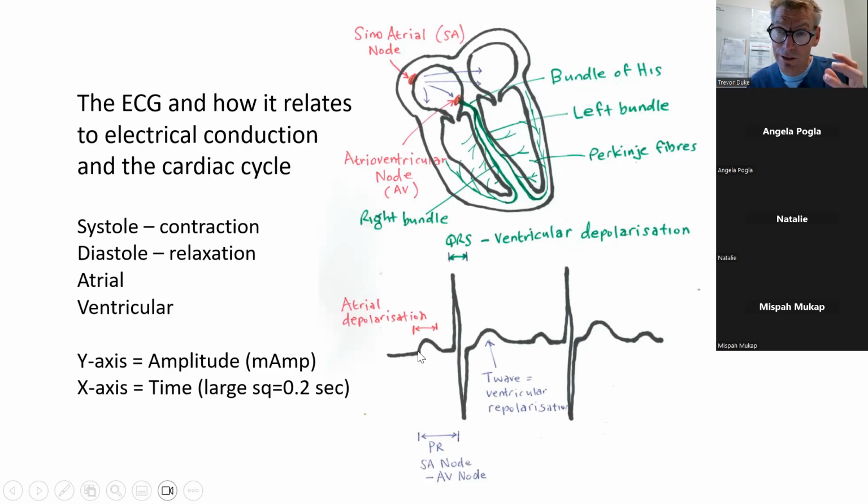In that case, you may get a peaked P wave, or if there's hypertrophy, if it's thickened, then it'll either be a peaked P wave or a prolonged P wave. And whether it's peaked or prolonged depends on whether the hypertrophy is at the right or the left atrium.